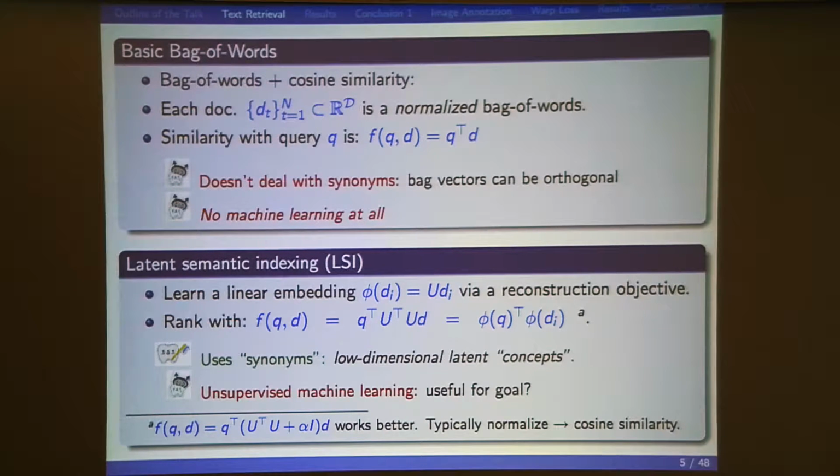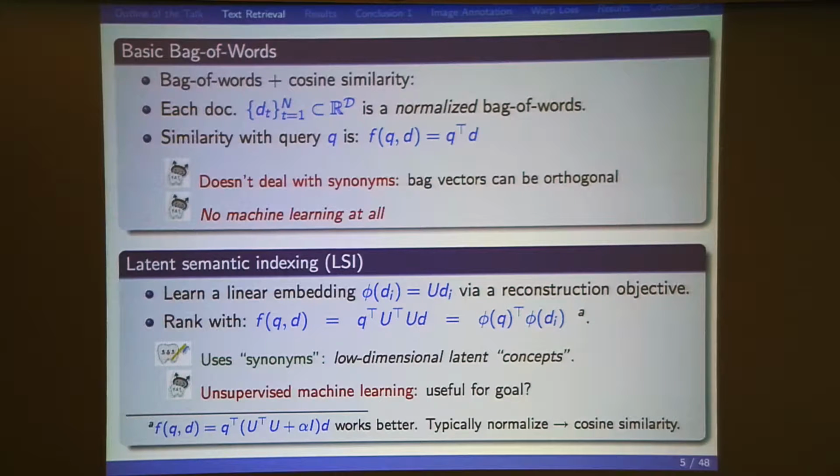In an unsupervised fashion. So what that's going to do is take your original representation, your bag of words representation, and multiply it by some matrix U that projects it into a so-called embedding space, right?